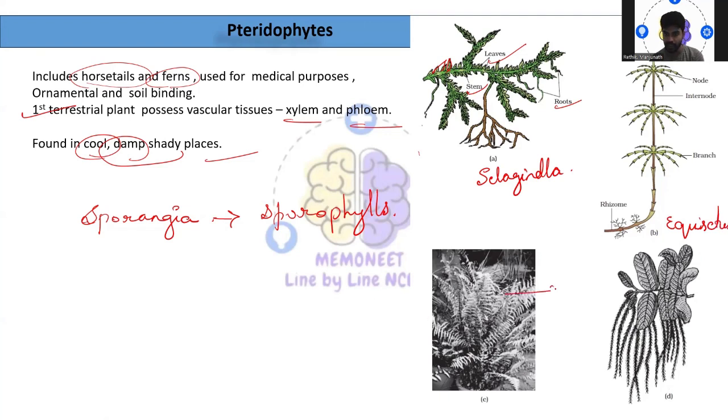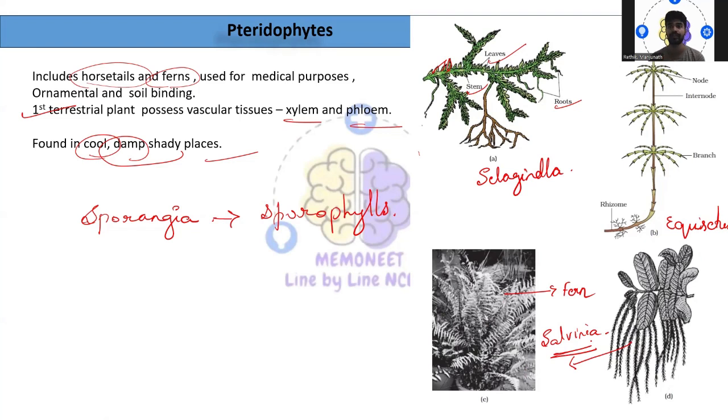Then this is called fern, and this plant is called Salvinia. There are many plants which come under the pteridophytes. Clear with these things? So this was all about the pteridophytes.